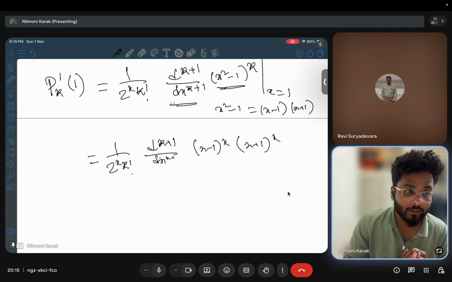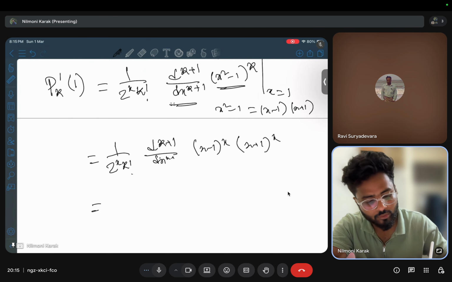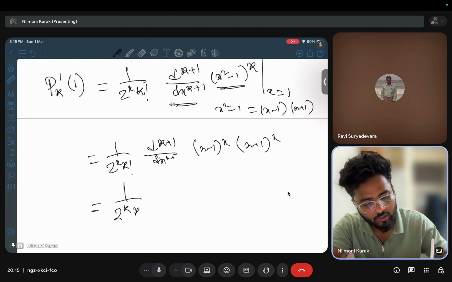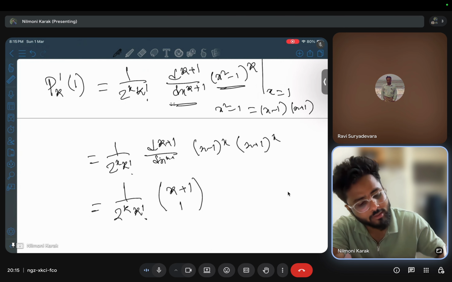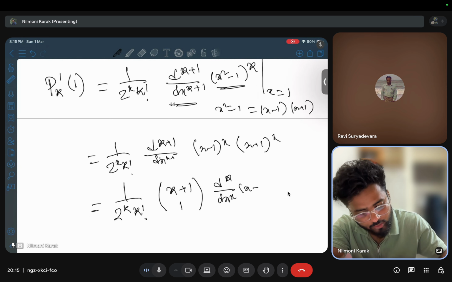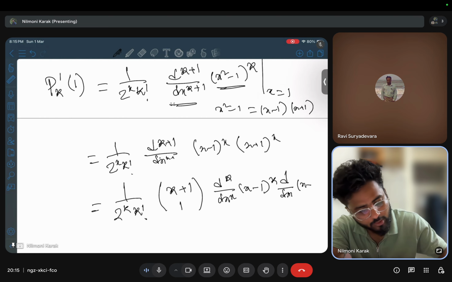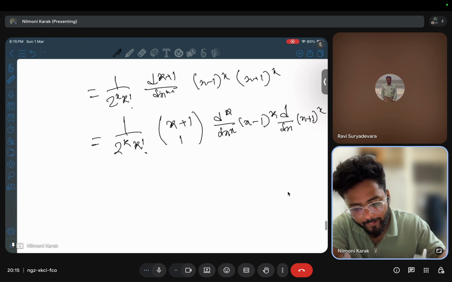So k plus 1 choose 1 will be there. K plus 1 times 1, and then you differentiate d^k/dx^k of (x minus 1)^k and d/dx of (x plus 1)^k.